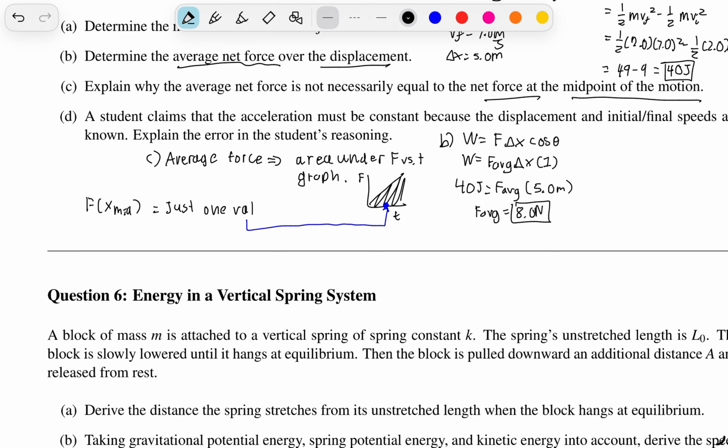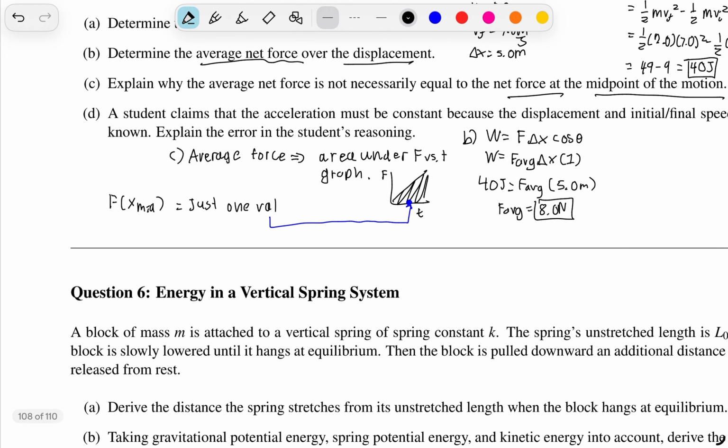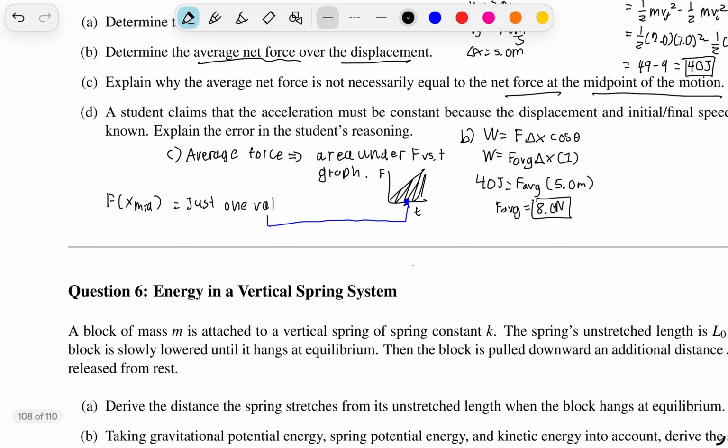So that means that these are only for special cases, and they would only be equal if you had, for example, a constant force, where you have just a line, so then that would be equal to the average.